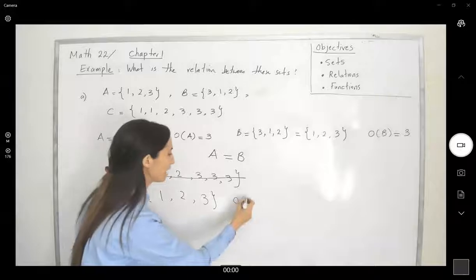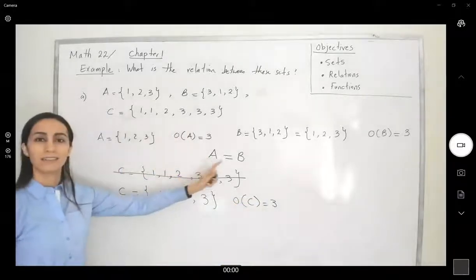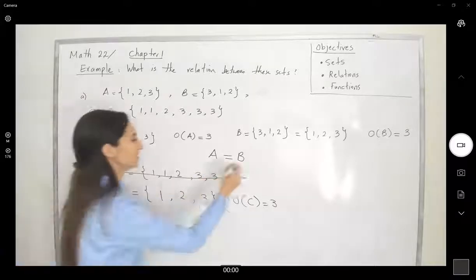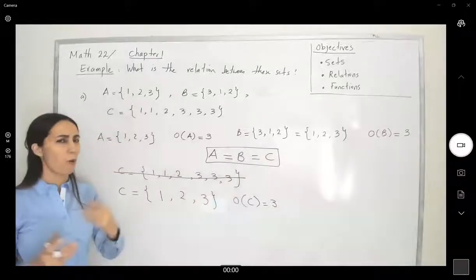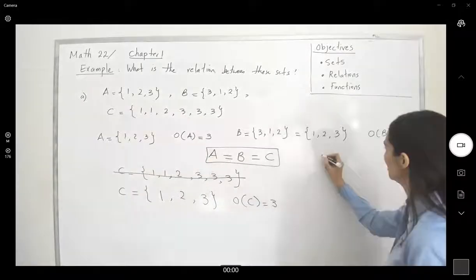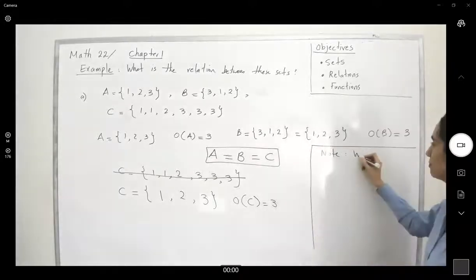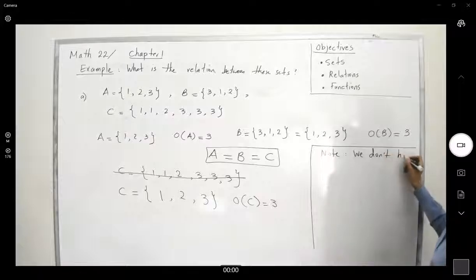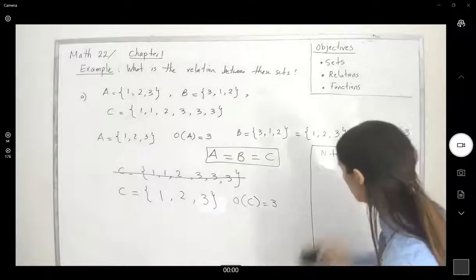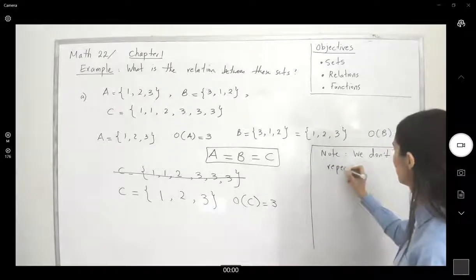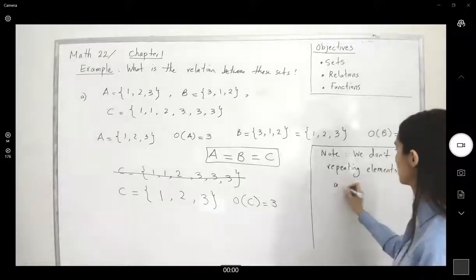The cardinality of set C is equal to 3. As you can see, A is equal to B is equal to C. All of these sets are equal to each other. What is our conclusion? Note, we don't have repeating elements in a set.